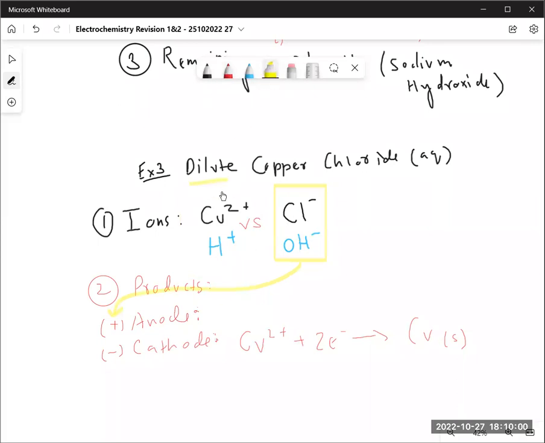It's also dilute, by the way. OH minus. What is the equation? Whoever says the equation gets 2 points. OH minus gives us O2 plus 2H2O plus 4e minus.